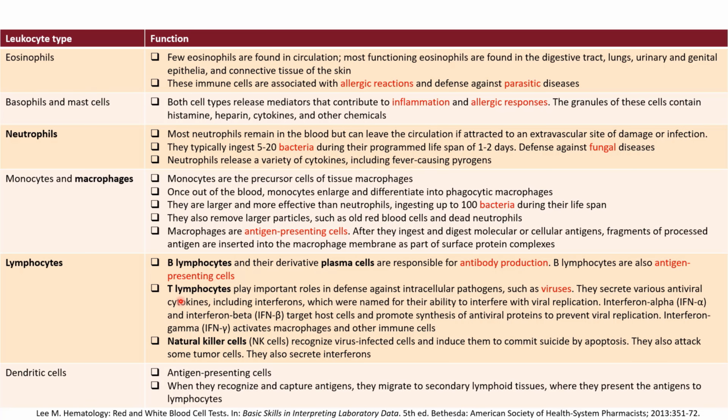There are CD4 and CD8, which are the most commonly important types of T lymphocytes. They are not only important in developing long-lasting memory to bacterial infections, but they also have an important role in fighting viral infections. We have natural killer cells, and lastly, we have dendritic cells that are also antigen presenting cells.